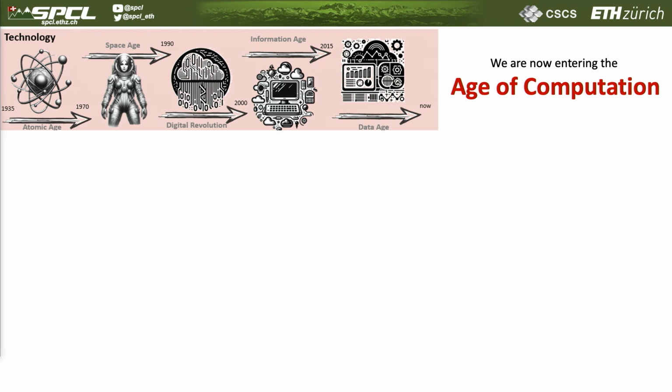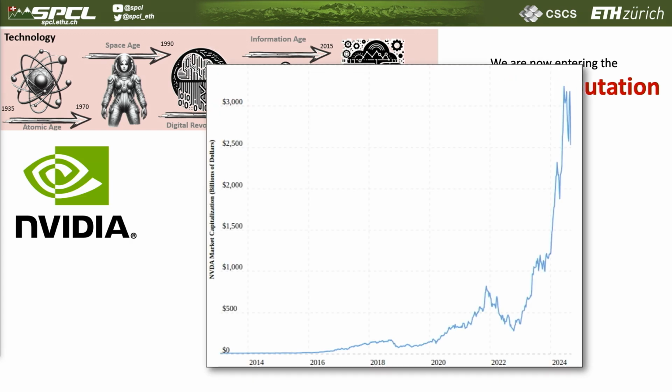Well, the age of computation is something that we all witness through one of our partner companies. If you look at the valuation, the market capitalization, it's one of the companies that has had the fastest growth. It's not the largest company in history, but it has the fastest growth in history. With this AI boom, you can see it was basically worth nothing in 2014 on this scale.